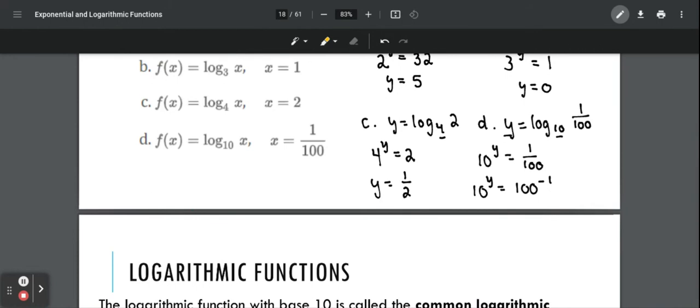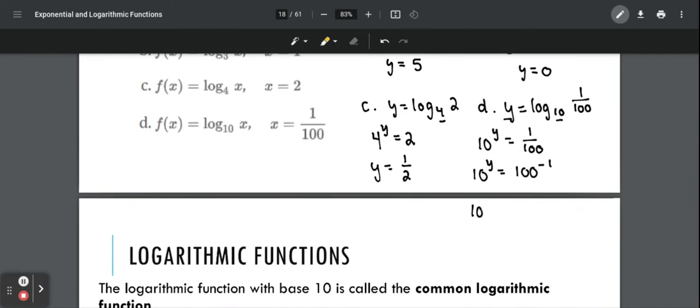And then try to get your bases to be the same. So 10 to the y, we could rewrite that as 10 squared to the negative 1, which is really 10 to the negative 2. And now that those bases are the same, we could tell that y equals negative 2.